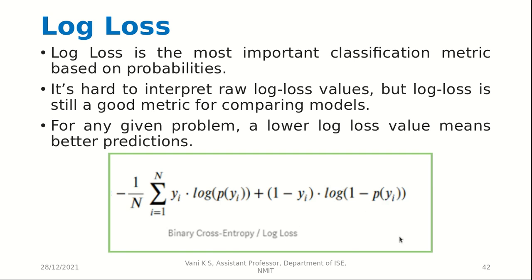So it is nothing but the actual value yi into the log of the probability of the predicted value, plus 1 minus yi into the log of 1 minus the probability of the predicted value. Now you can also say that this is the log of the probability of failure if this is the probability of success. So this is how you can remember this formula somewhat.